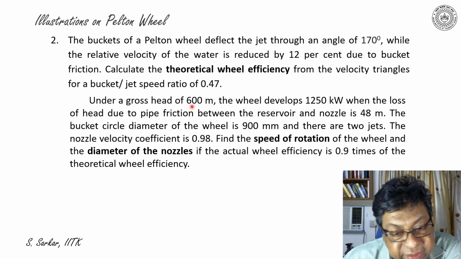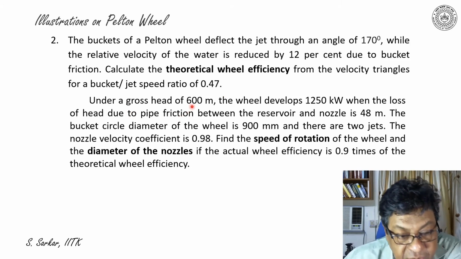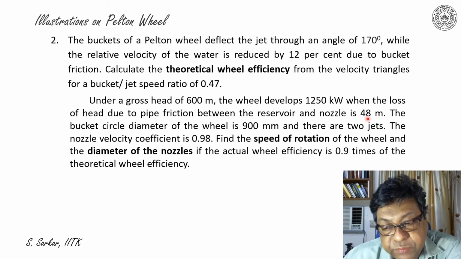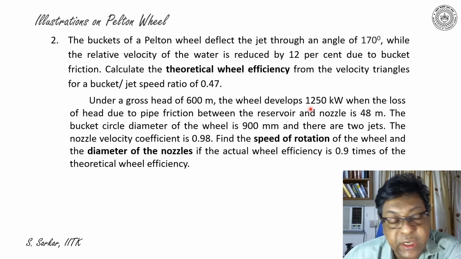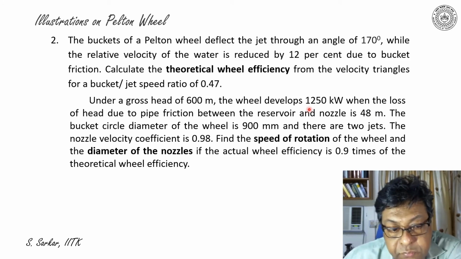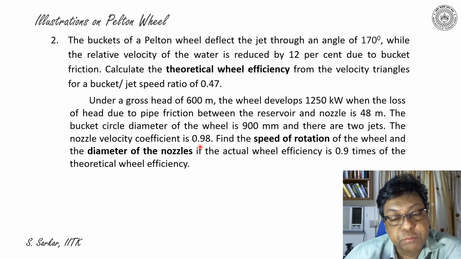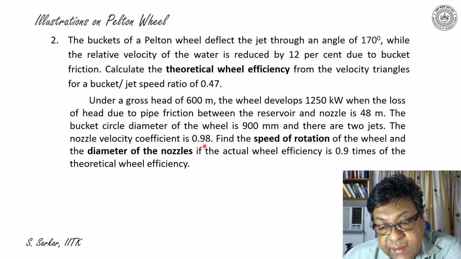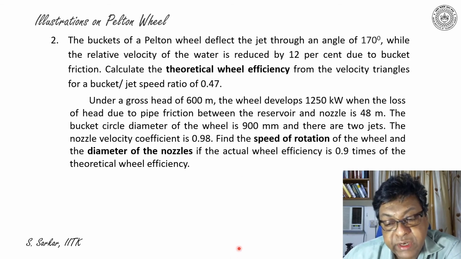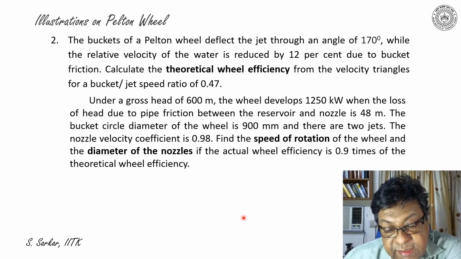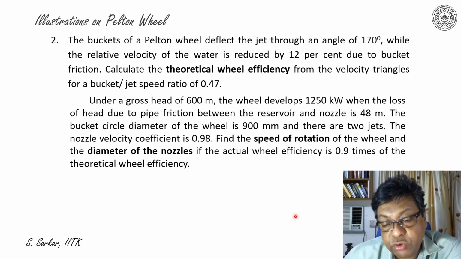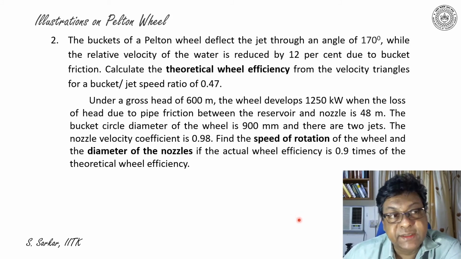Furthermore, the gross head is given as 600 meters, the losses in the pipeline are 48 meters and the power developed is 1250 kilowatt. The coefficient of velocity is 0.98. We have to calculate the speed of rotation of the wheel and the diameter of the nozzle, and it is given that the actual wheel efficiency is 0.9 times the theoretical wheel efficiency. Let me solve the problem.